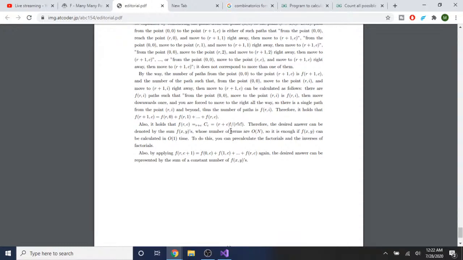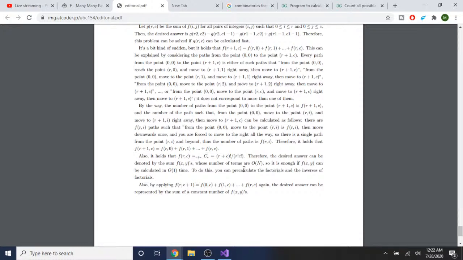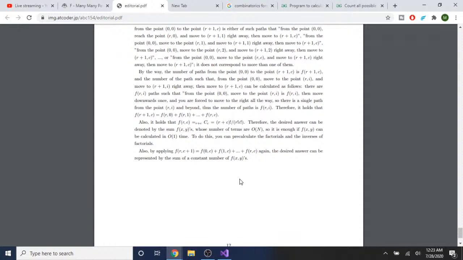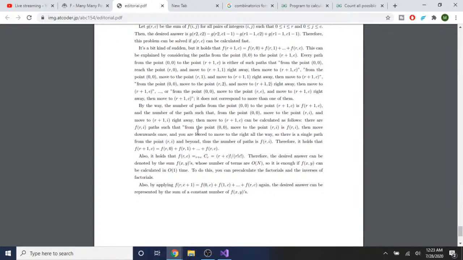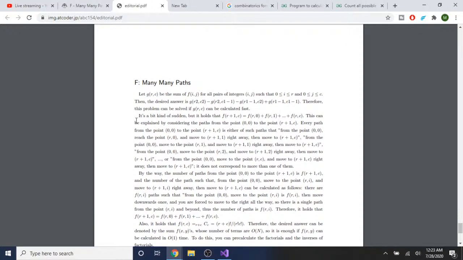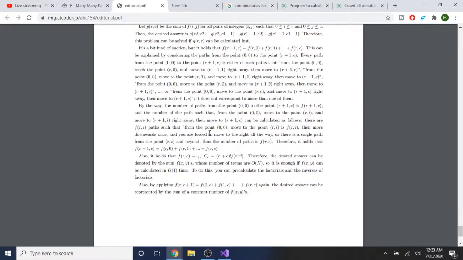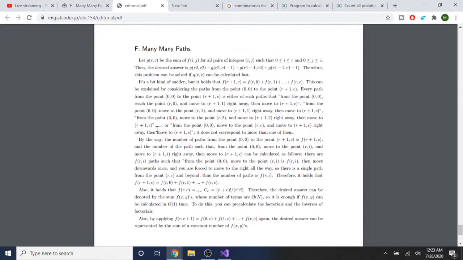The sum of f's whose number of values is O of n, so it's enough that... what? I don't understand. They lost me here. Move right to the R plus 1.